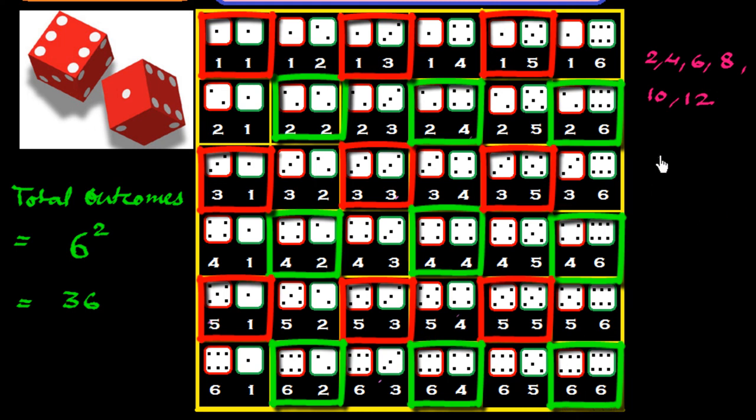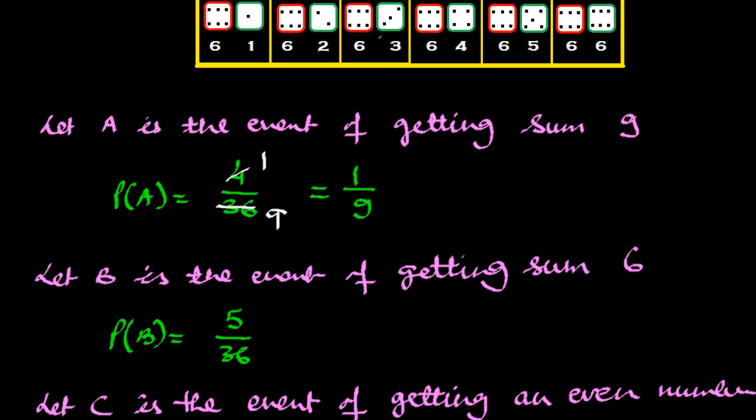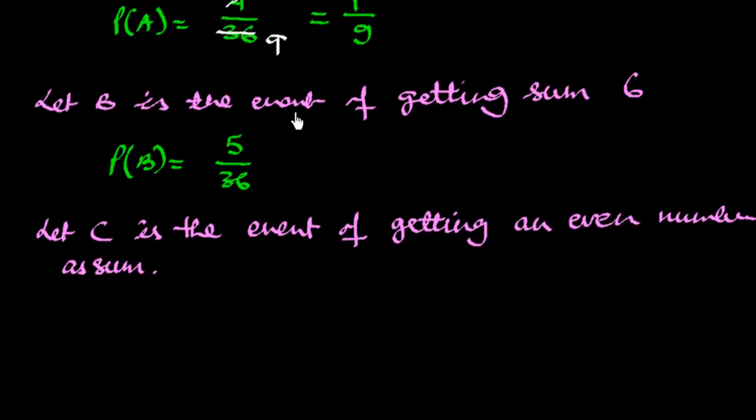So I explain here, 3 we are getting here in every row. So 3 into 6, we are getting 18 outcomes where the sum is even. So we could write in this way: the probability of C is equal to 18 over 36.